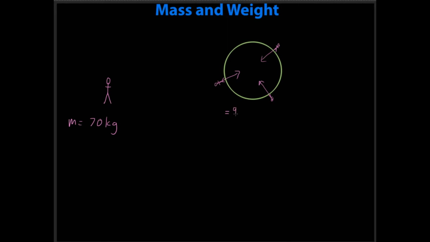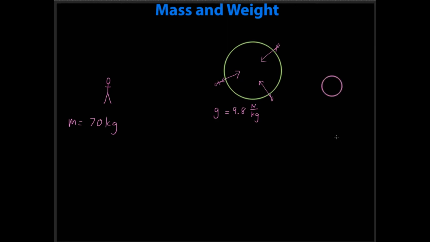And that value is about 9.8 newtons per kilogram. So for every kilogram of mass that you have, the Earth will pull on you with 9.8 newtons of force. This value is so commonly used that it has its own label, and the label is a lowercase g.